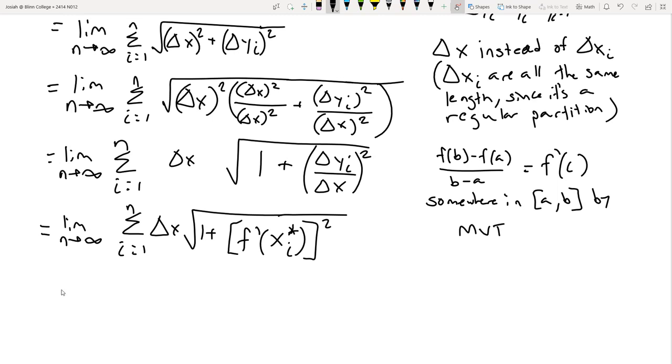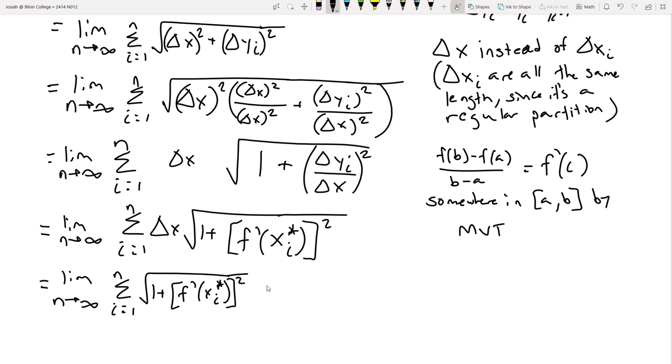So then we'll go ahead and take our delta x, shove it at the end, and explain how we get to the integral part. So f prime of x sub i star, quantity squared, delta x.